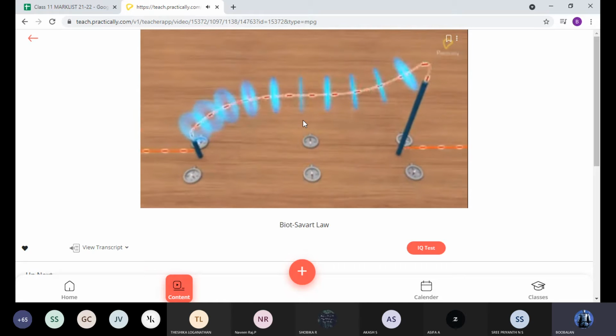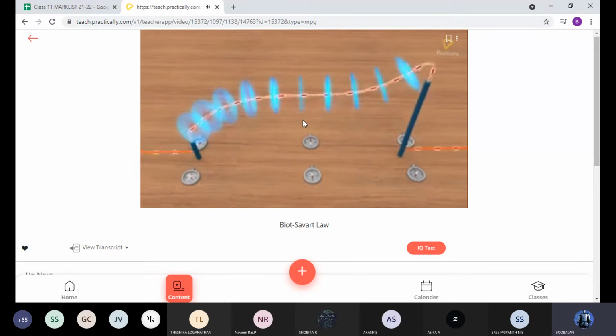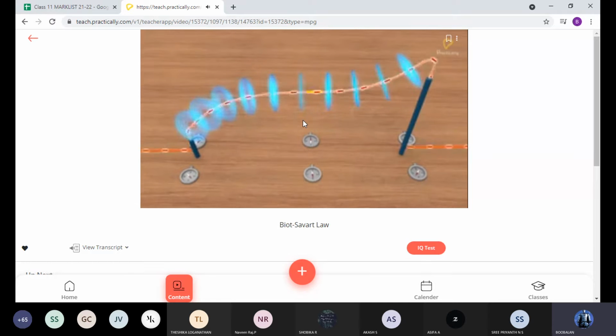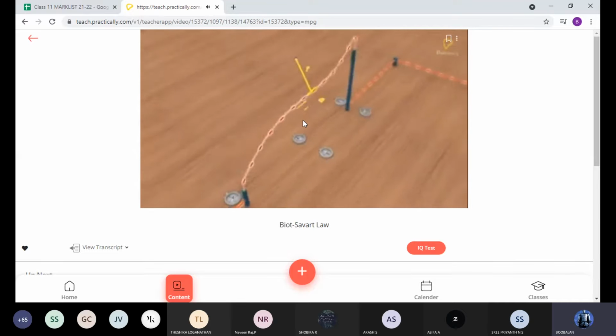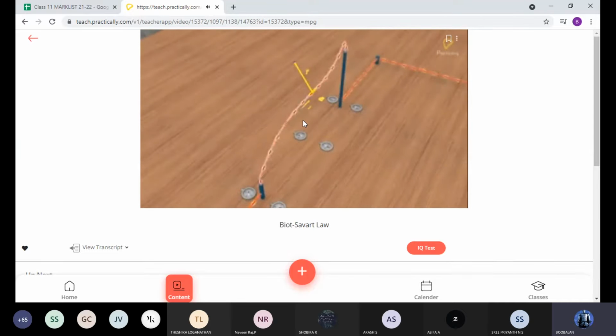Biot-Savart law tells us that the magnetic field depends on the magnitude, direction, length, and proximity of the electric current. Consider an infinitesimally small length dl through which a constant current I passes. Let r bar be the position vector of a point P with respect to the current carrying element dl bar.